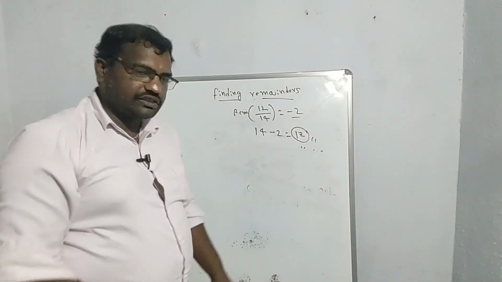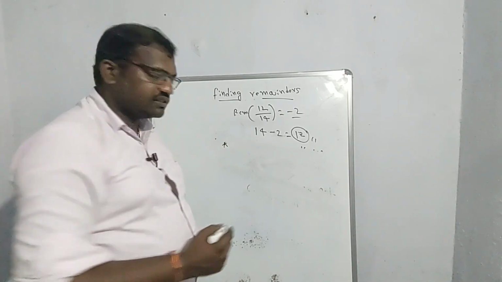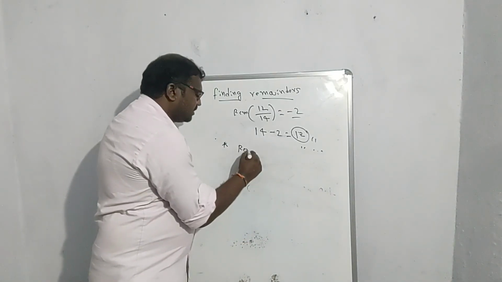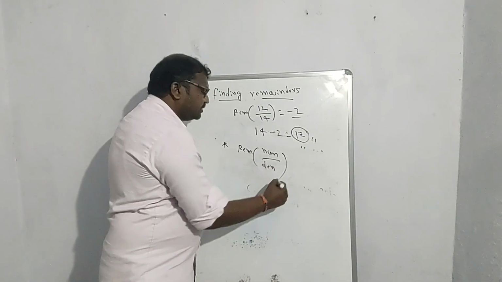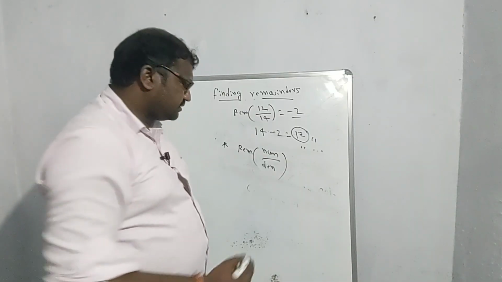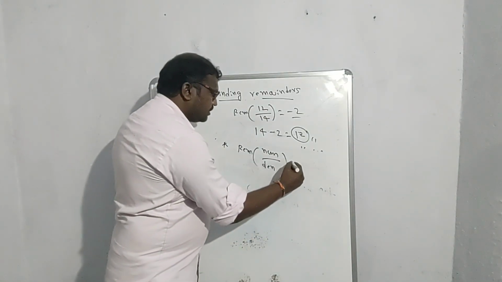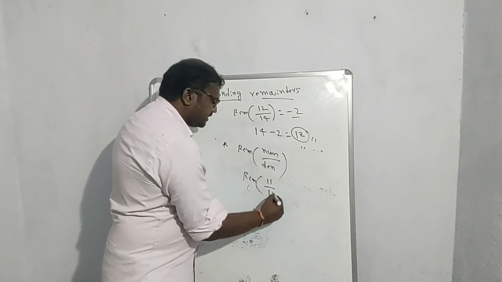One more point: if you are going to find remainders, take numerator by denominator. If your numerator is less than the denominator, then your numerator is the remainder. Suppose remainder of 11 by 13.